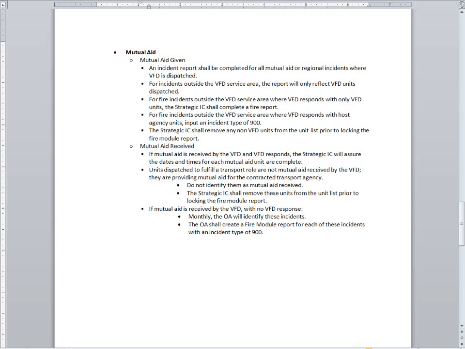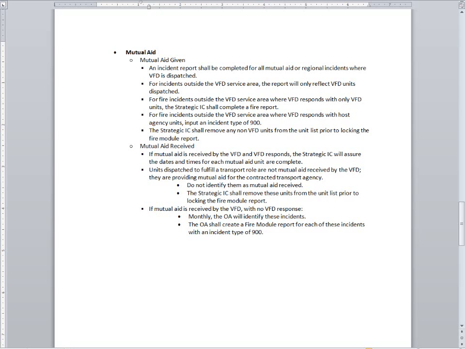The system includes the Vancouver Fire Department resources, but it also includes the system resources of mutual and automatic aid companies surrounding our service area. So it is essential that we capture the units and their time of arrival.